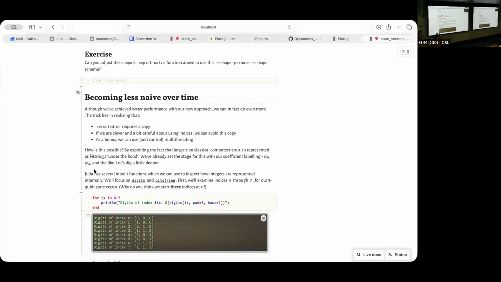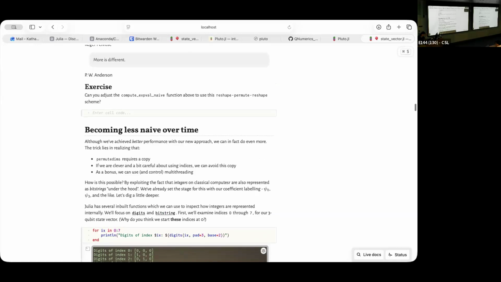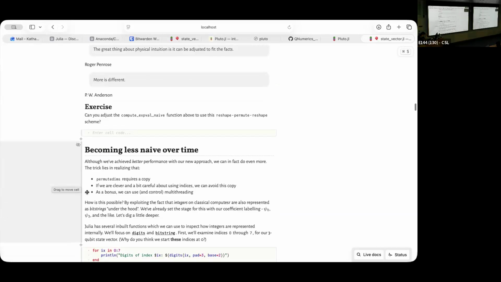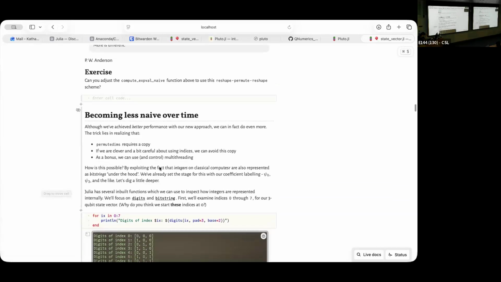I mean, if you're using the state vector to simulate the quantum device, like if you're doing VQE or something, you are using this logic. So do you understand the reshape idea? Do you understand this?